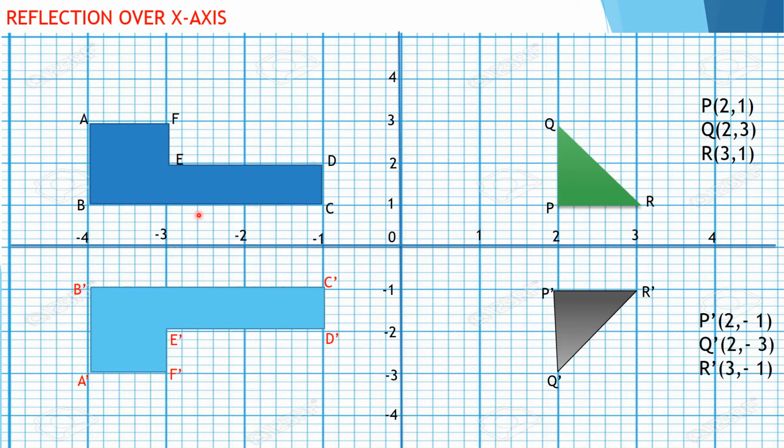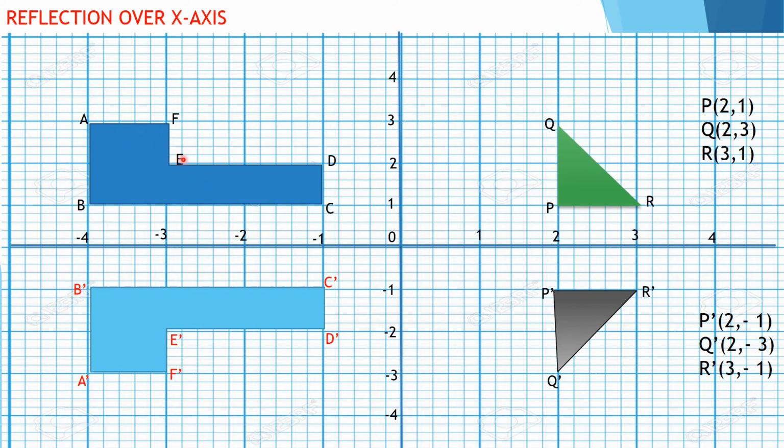If we do the same here, we have a polygon. How many sides is this polygon? 1, 2, 3, 4, 5, 6. A 6-sided polygon, so a hexagon.